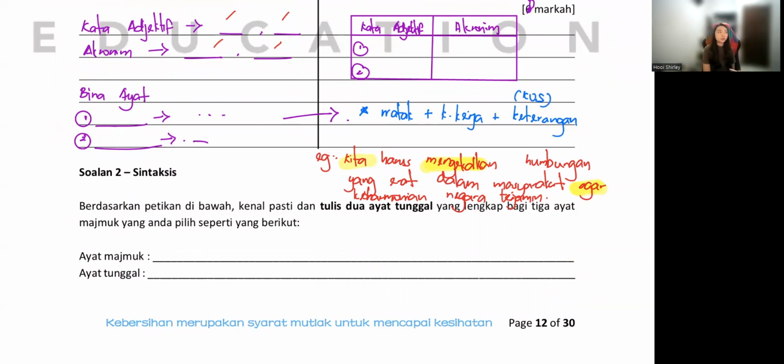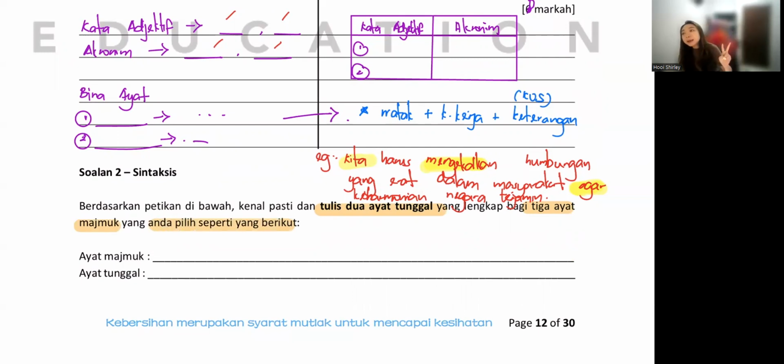Syntaxis, this is how they will usually test you on the ayat majmuk, ayat tunggal, ayat pasif, ayat aktif, ayat songsang, ayat biasa, subject, predicates. Okay. So for this one, tulis 2 ayat tunggal bagi 3 ayat majmuk yang anda pilih. You will need to choose 3 ayat majmuk and then split into 2 ayat tunggal.